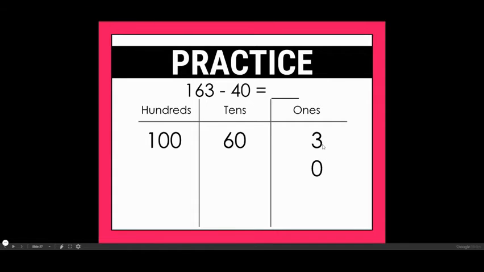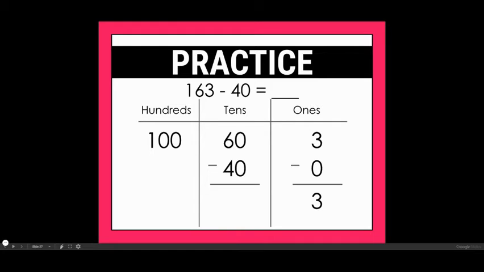It's going to be 3 minus 0. So what is 3 minus 0? 3. Now let's move on to my tens. How many tens do I have in this number? I have 4 tens. So again, I'm going to set it up as a subtraction problem, 60 minus 40.